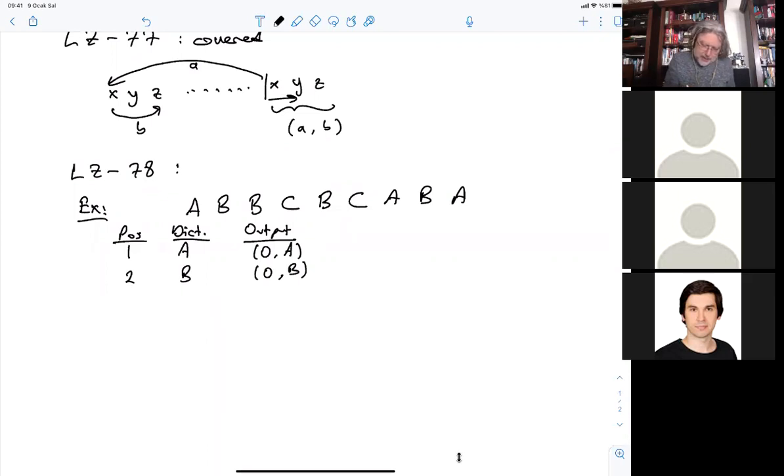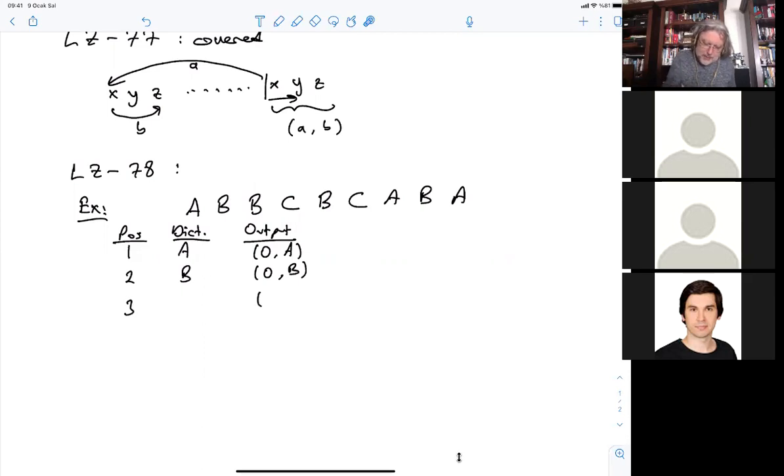And then in the third position, we emit something like this, and it also automatically produces the dictionary. We are here, actually B, but I will encode BC because B is already in the dictionary. So I don't need to try to transmit that information again.